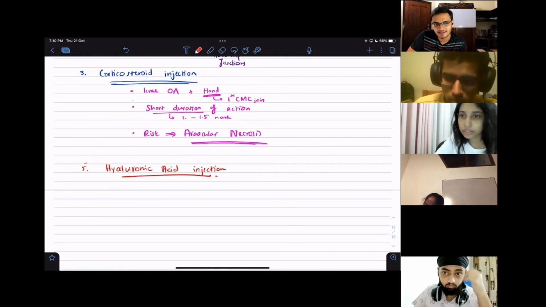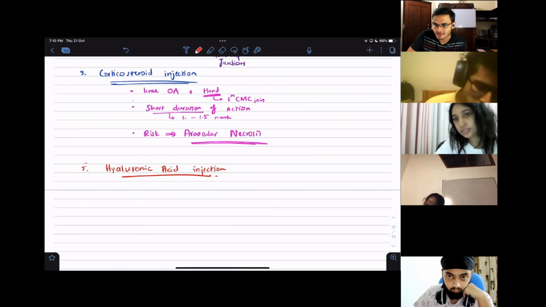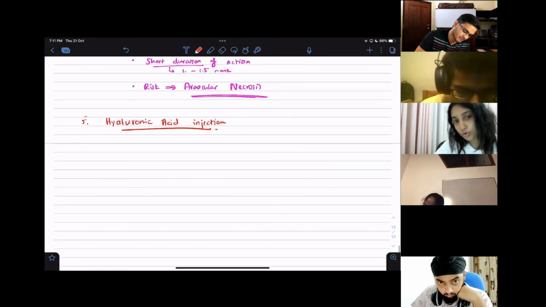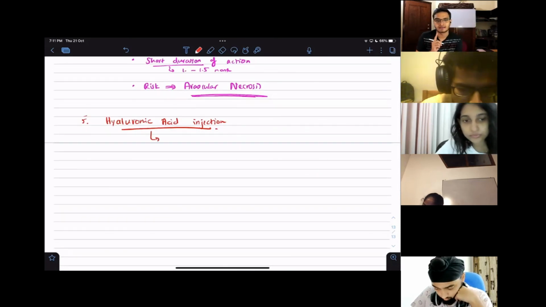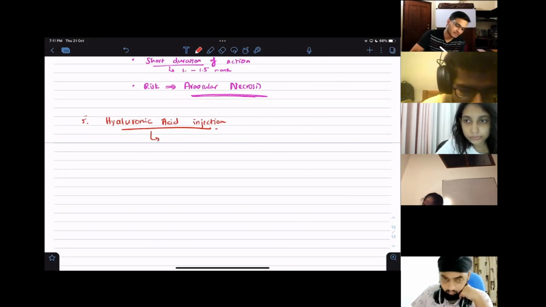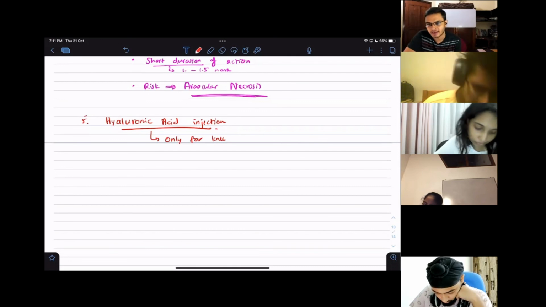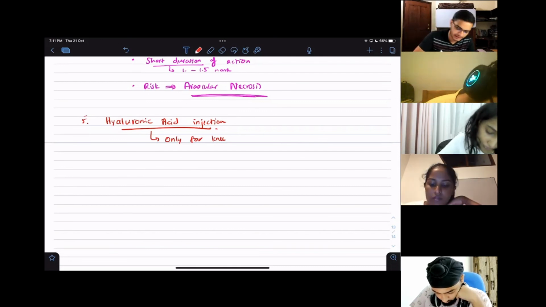Yeah, hyaluronic acid increases the viscosity and helps reduce friction. This is recommended, guys. Currently this is approved by the FDA only for knee osteoarthritis, only for knee.